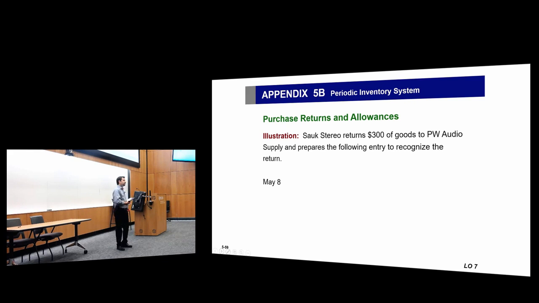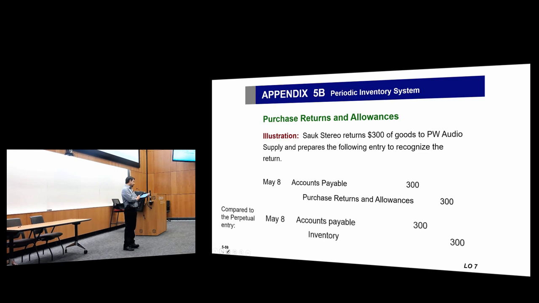In this case, we look at it as returns, right? So the company will debit accounts payable, because they will owe less to their supplier or vendor. They will credit purchases returns and allowances.